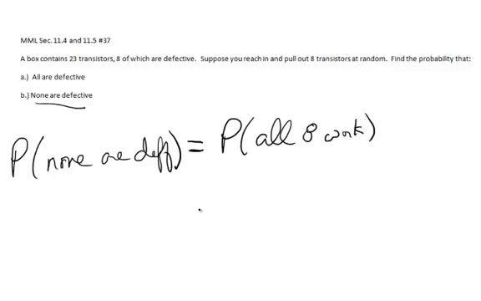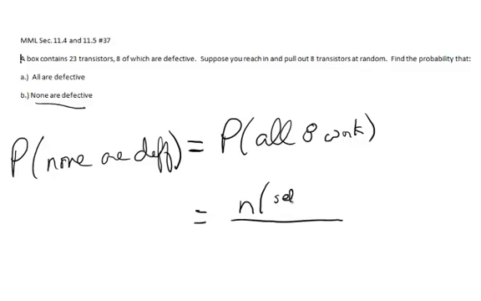Okay. Well, again, we're setting up a ratio. We're looking at the ratio of favorable occurrences to the total number of occurrences. So the question is, how many ways can you select them so that all 8 work?